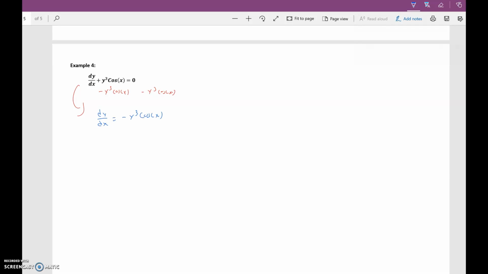And let me multiply by the differential, so in this case dx, and the resulting equation is just going to be, technically, dy is equal to negative y to the third cosine of x dx.